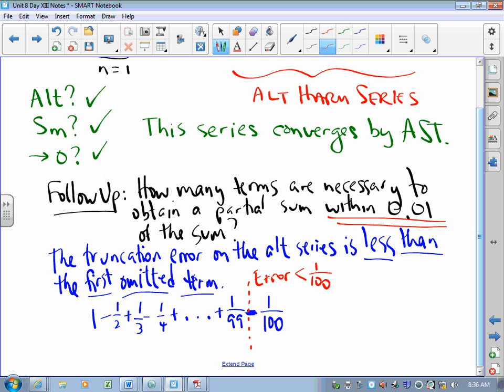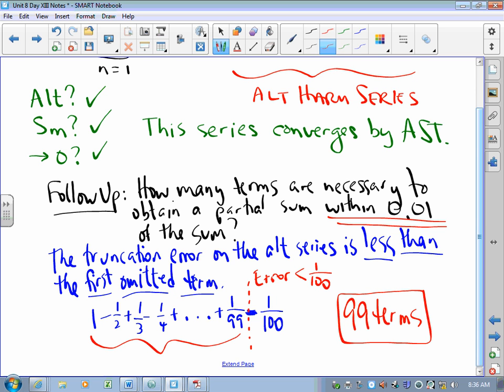And so all I have to do is add up these terms, and that partial sum will be within 1 over 100 of the actual sum. And so 99 terms are necessary. Could we add more terms? Sure we could, but if we add 99 terms, then we know for certain that the error is within 1 over 100, because that's the first term that gets left out.